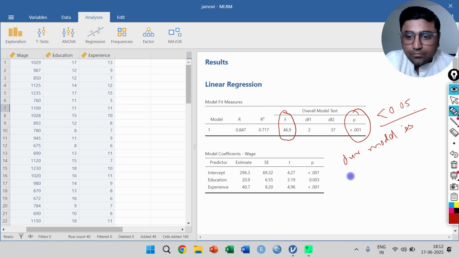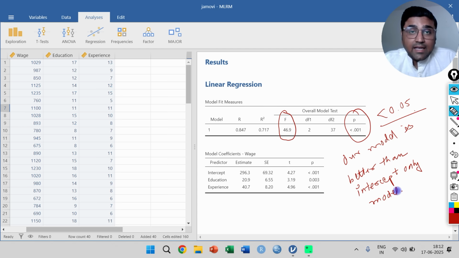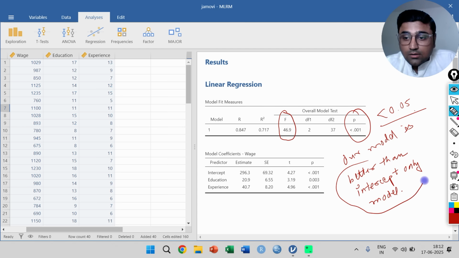So this F test shows the overall significance of the regression model. And since it is statistically significant, we can conclude that our model is better than the intercept only model.